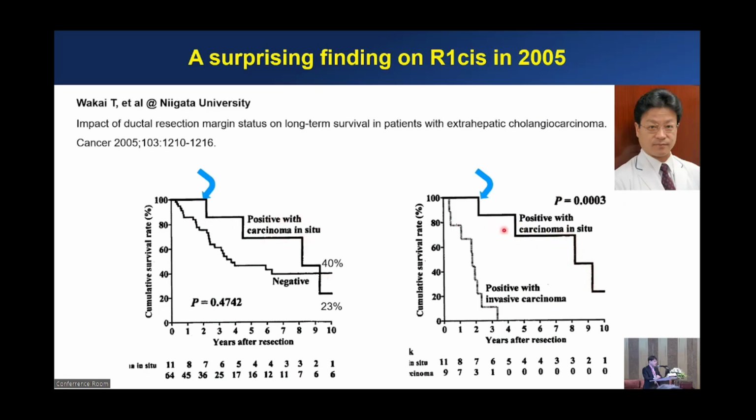This figure means survival of invasive cancer. This is all negative. He said in situ positive is better than invasive cancer, and similar to R0 negative patients. So he reported a surprising finding over 15 years ago.